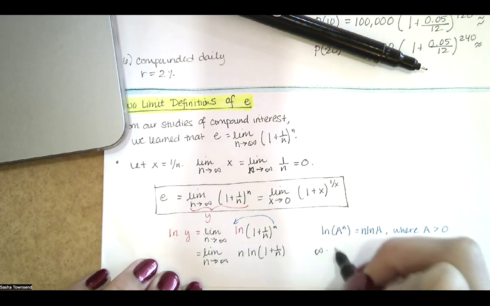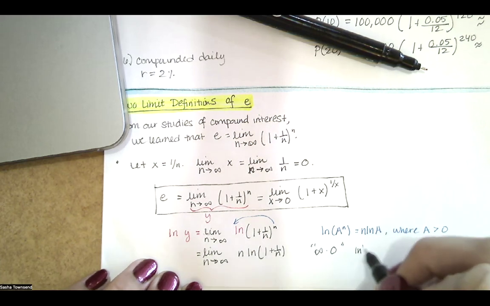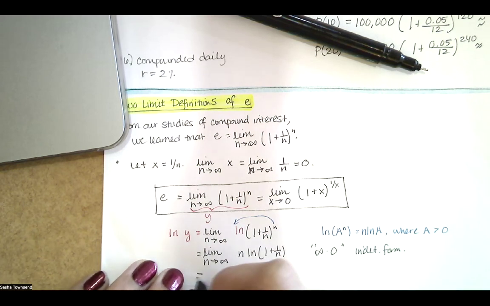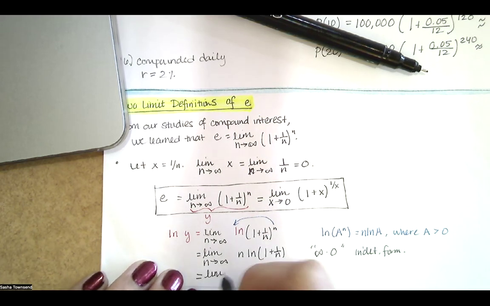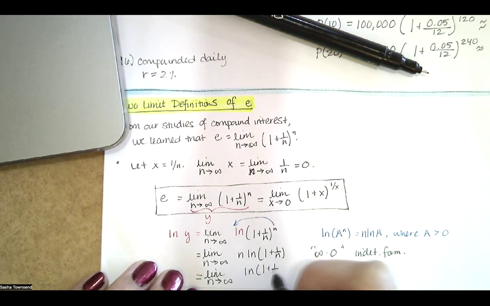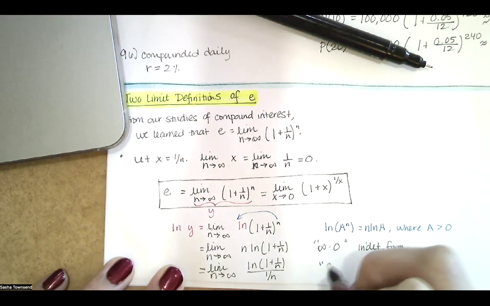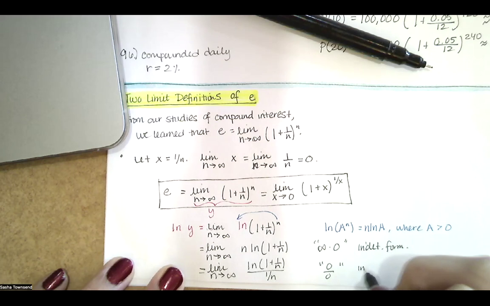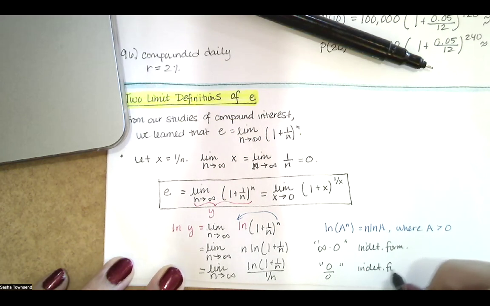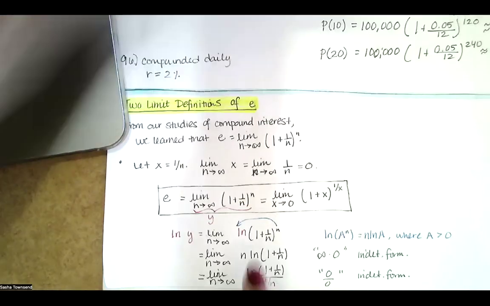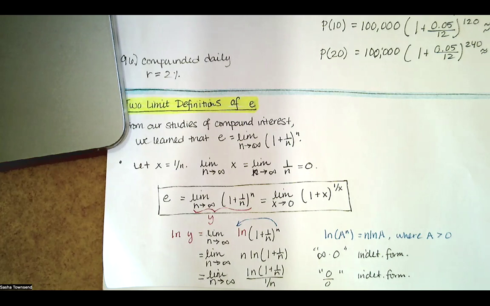This is an infinity times 0 indeterminate form. And we can rewrite that as a 0 over 0 indeterminate form if we divide by 1 over n, because dividing by 1 over n is the same as multiplying by n. Now we can't take derivatives of these functions of n because we're thinking of n as a natural number, and if we actually plot that, it's just a list of points.